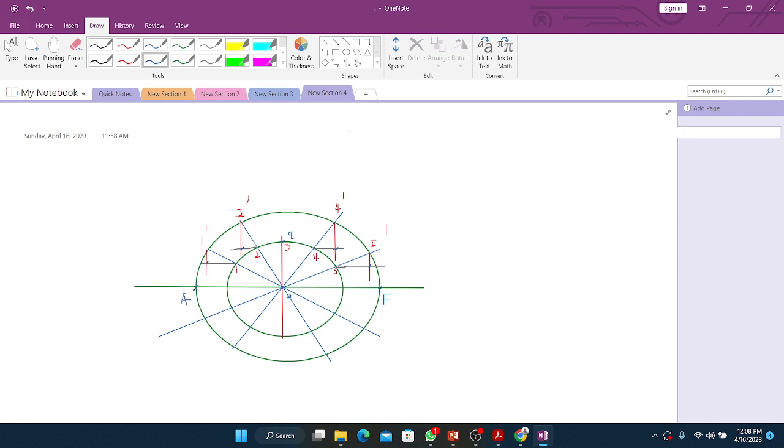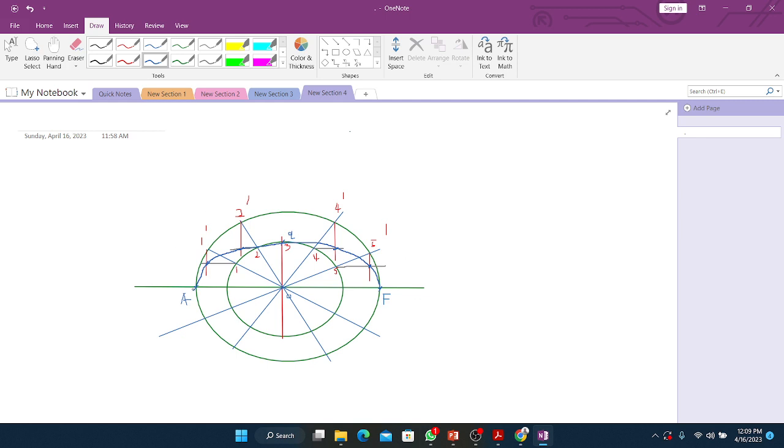Finally, these are the points. So you can easily draw that shape this way. This is your half of the ellipse.